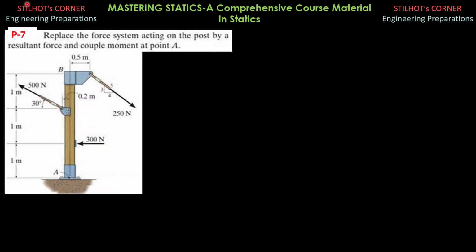Problem 7. This is taken from the book by Hibbeler. Replace the force system acting on the post by a resultant force and a couple moment at point A. So let's consider the forces one by one. Let's consider 250, this force and that force.